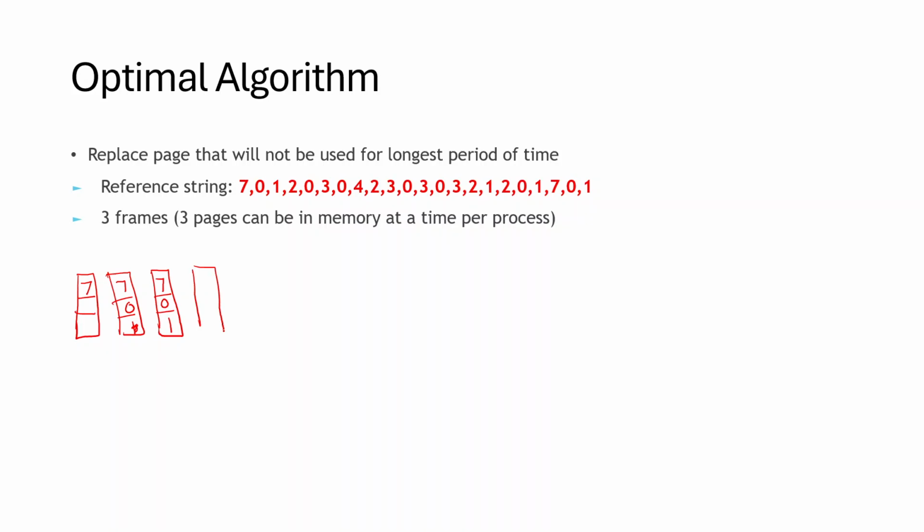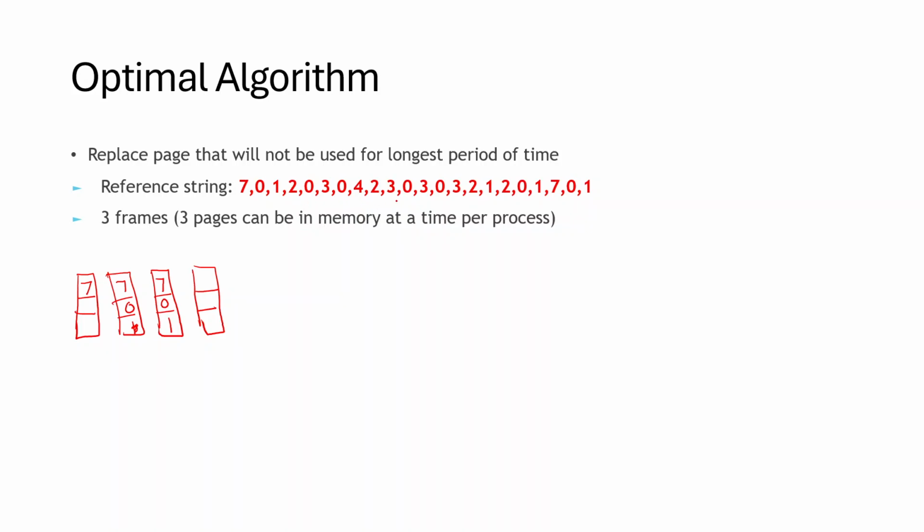Now the page 2 comes. Page 2 is not available in the main memory, so there is a page fault. Which page needs to be replaced? Out of 7, 0, 1, the page which will not be used for the longest period of time in future.